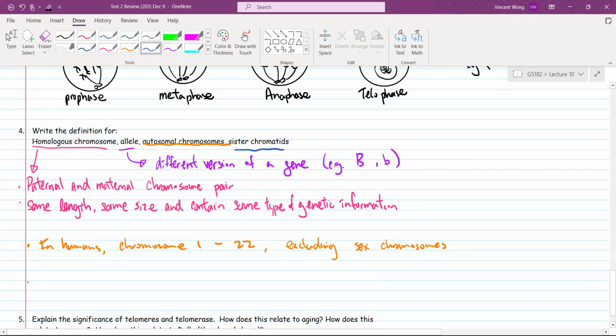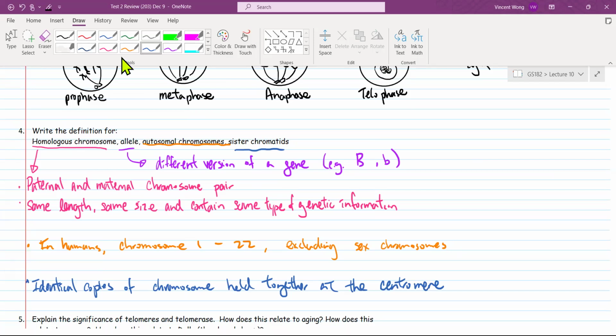Finally, sister chromatids. Sister chromatids are identical copies of DNA, of chromosomes, you can say, held together at the centromere. So let's say this is chromosome 9, and then you have DNA replication.